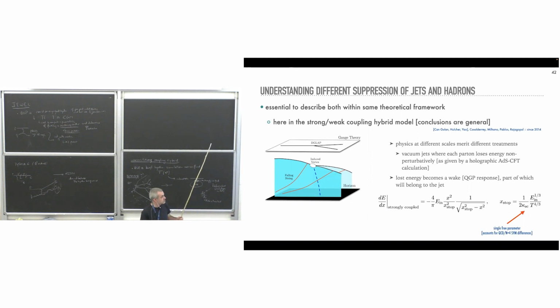Okay, so the hybrid model only has one parameter. This formula is computed holographically, where X stop is defined like that.